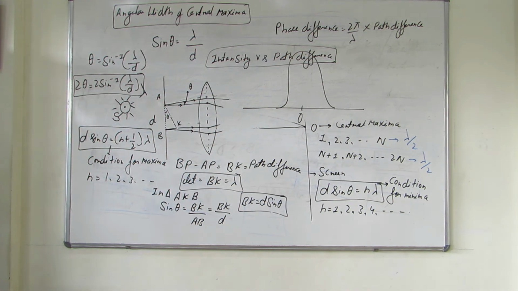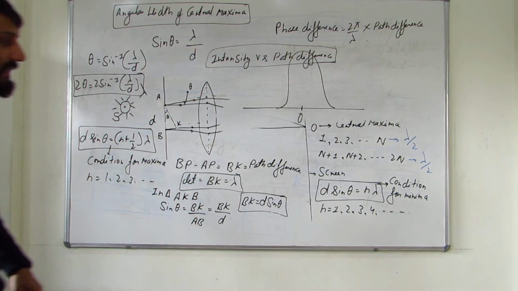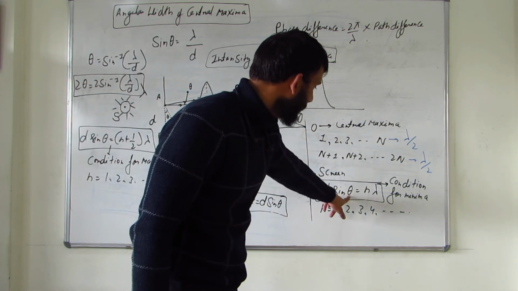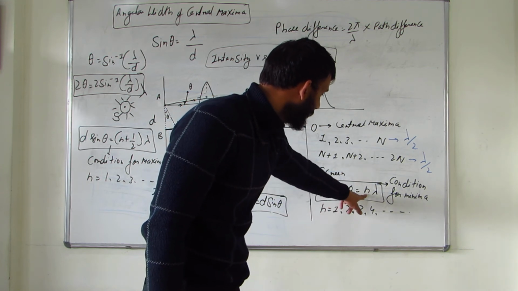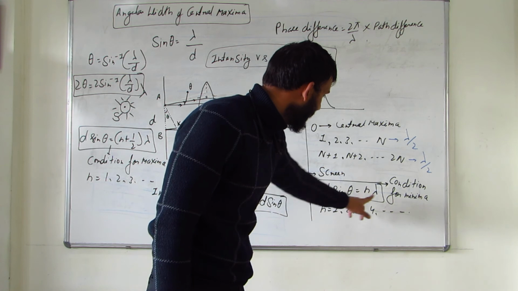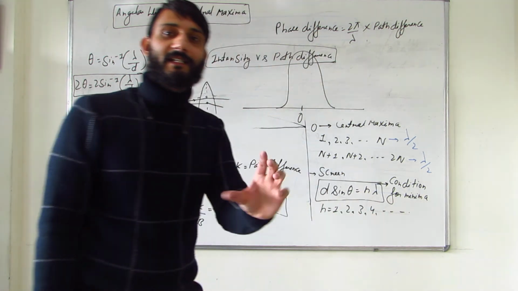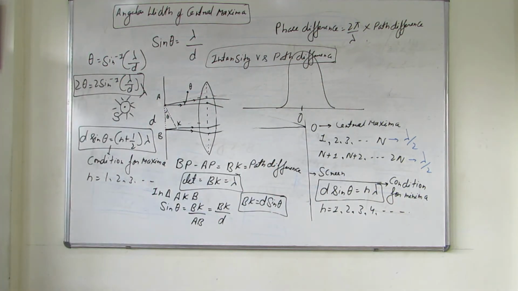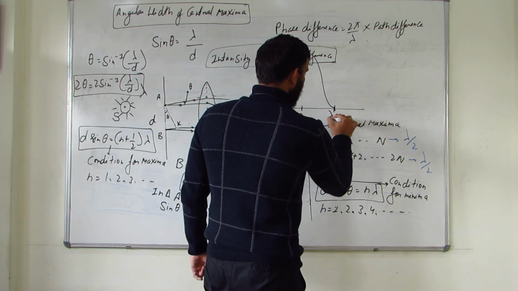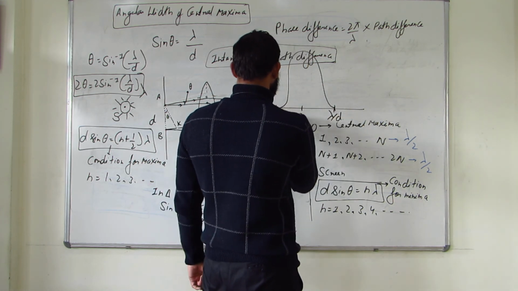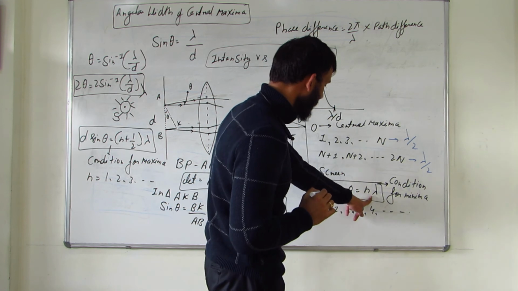Right? Now if I put the path difference from here, this is the path difference. If I put 1 here, it would be lambda by d, assuming that this angle is very small. If the angle is small, sine theta will be only equal to theta. So the first would be, this will be the dark point, lambda by d, again dark point.